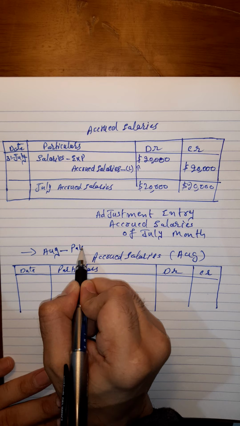Okay, accrued salaries. Why accrued salaries credit? Because it is our liability, and liability here is increasing, so therefore $20,000 accrued salaries credit. $20,000 total. July, this is the narration: July accrued salaries.